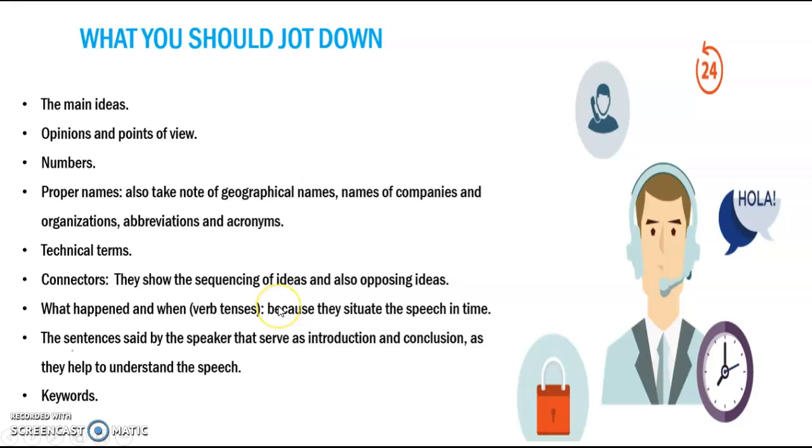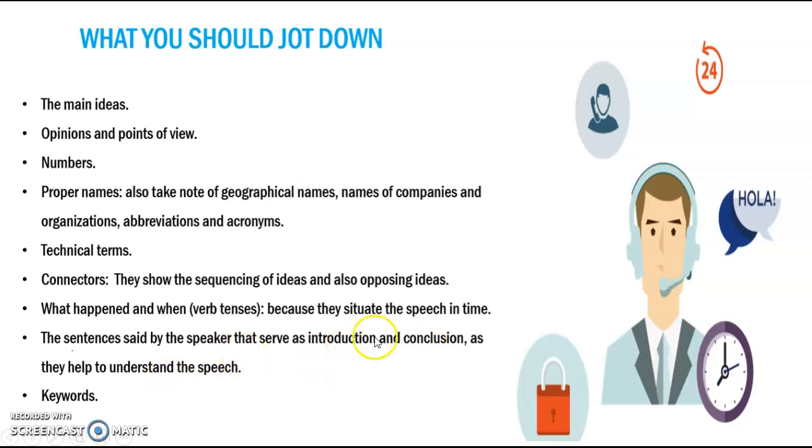You can use connectors for making the connection between those two or three phrases. Also, verb tenses are important. If the thing or the situation that the person is saying happened in the past, it's important for you to represent that in your notes.